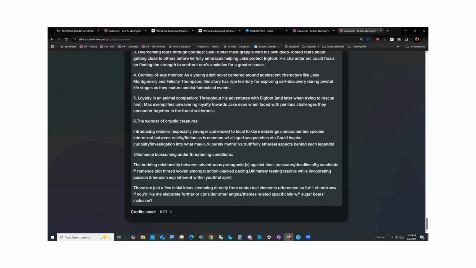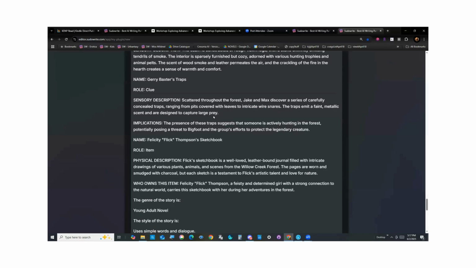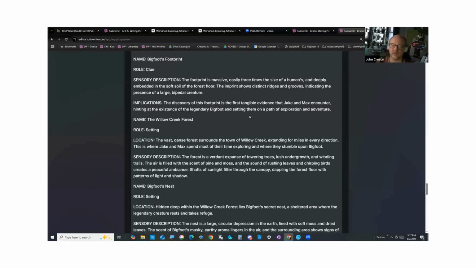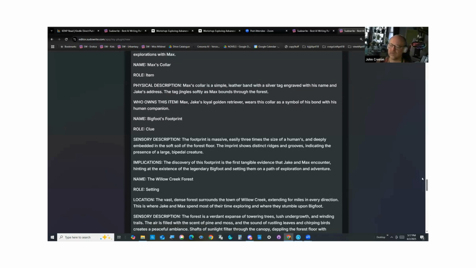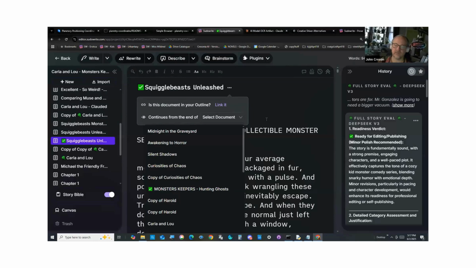No, it did not. But it says it remembers it because it's in the instructions here. You know, if you want more things about something with sugar bears, let me know. But it didn't actually come out with anything about sugar bears. So that was the information that's available, you can see it in the drop down, but it's also here.